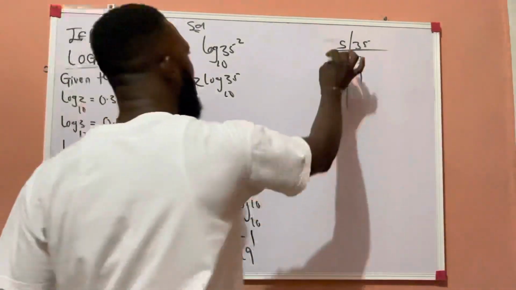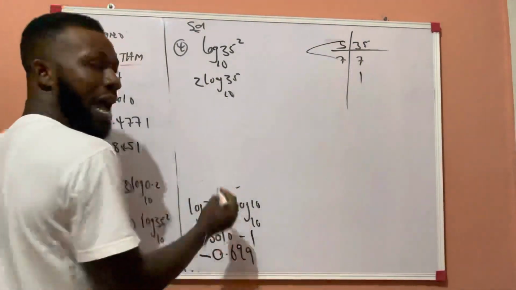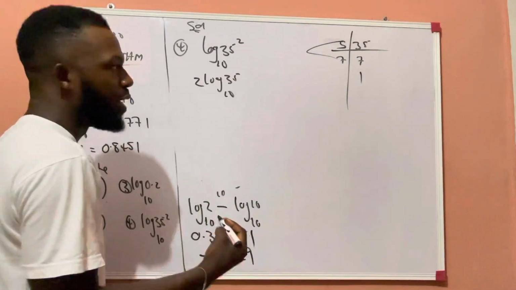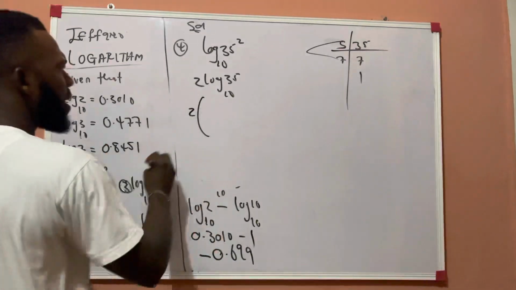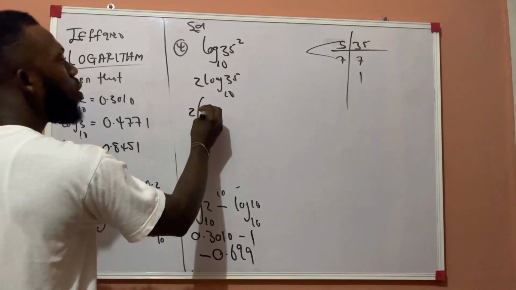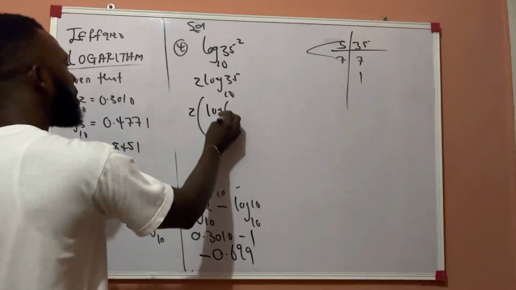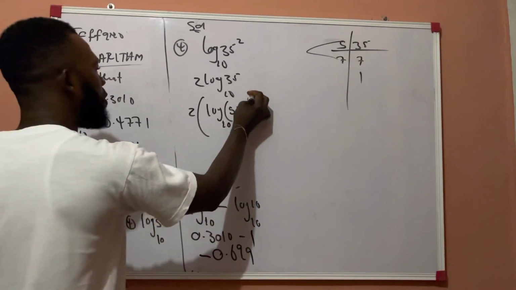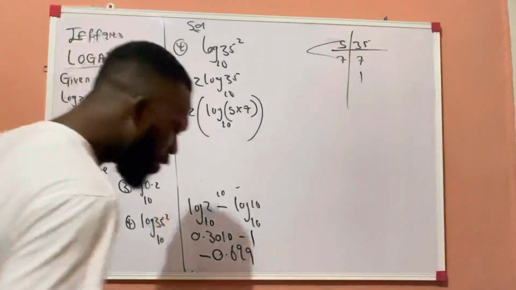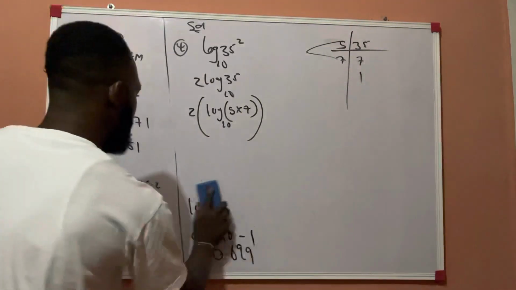So the two numbers I will replace 35 with are 5 times 7. So here becomes 2 into the bracket of log 5 times 7 to the base of 10.